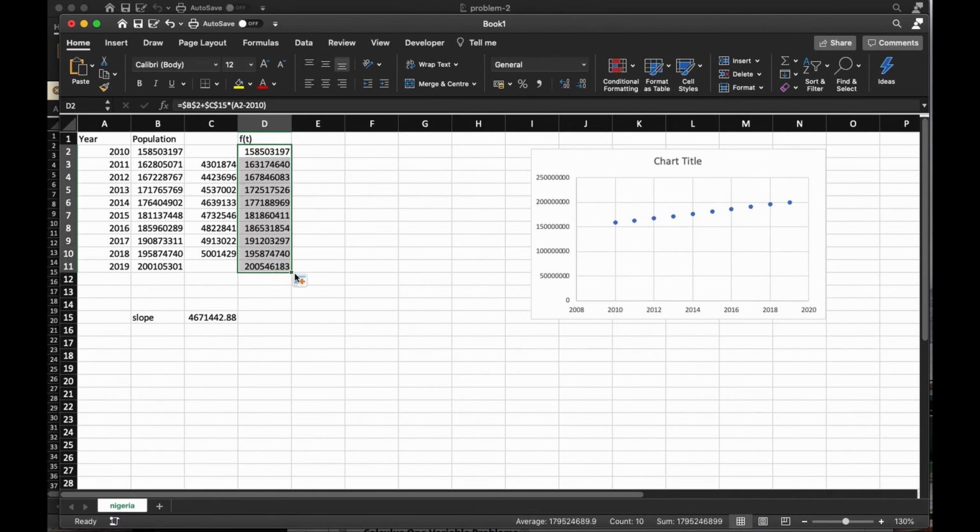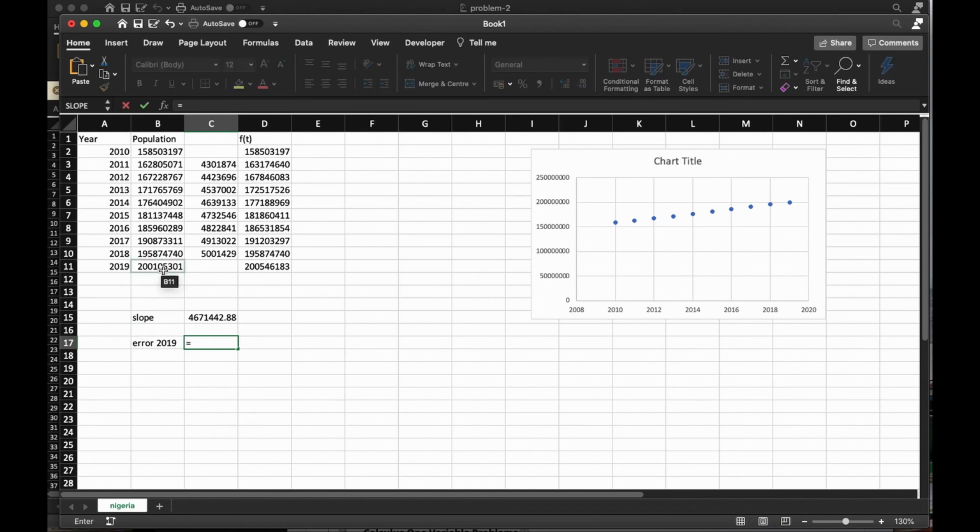There it goes. What is our error? What is the error in 2019? That equals the actual population minus the population predicted by our model. That's the error. It seems okay. Let's see in relative terms what the error is: the error divided by the population in 2019.